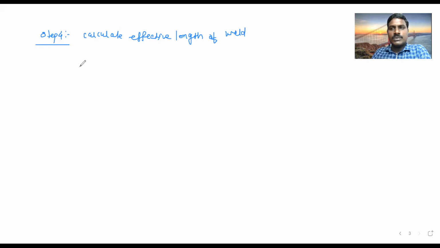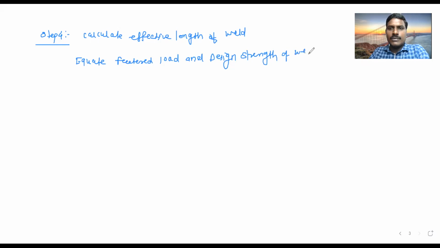First we have to equate the factored load and the design strength of the weld.